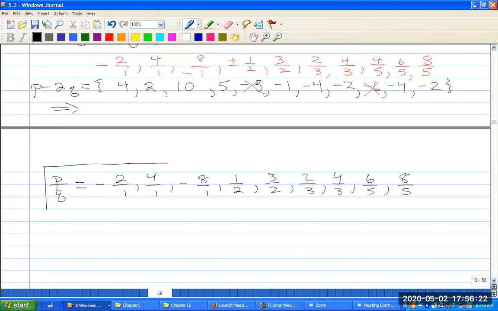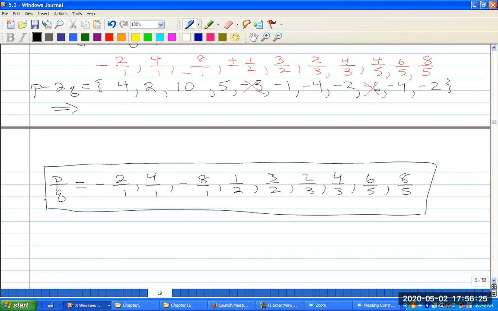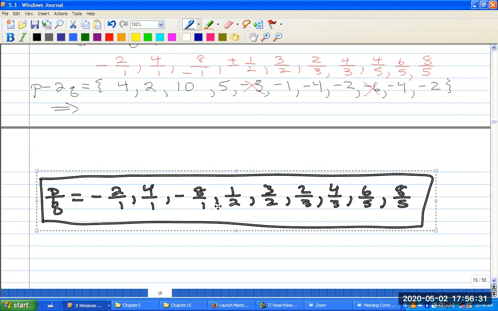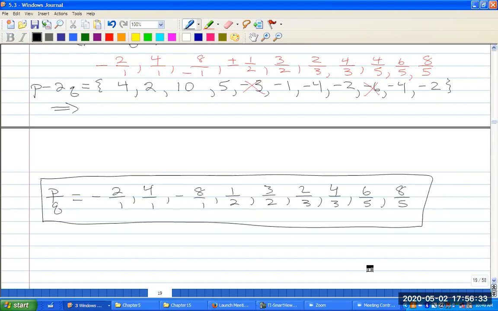And so those are your possible rational roots. So I've at least gotten from that gigantic list of 72 numbers to 10 numbers or 9 numbers. Okay?